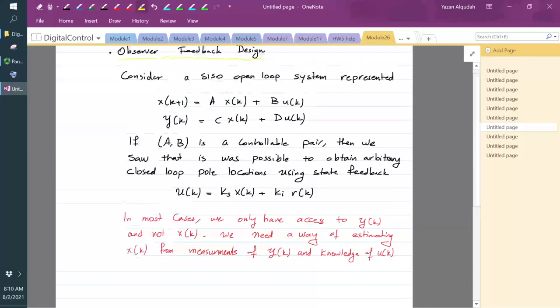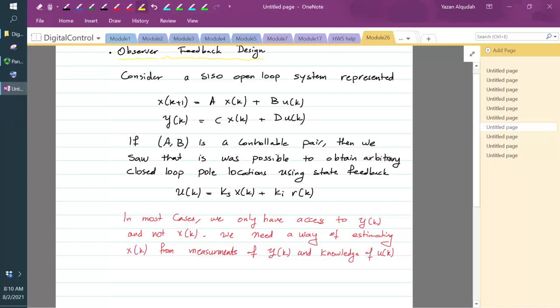Then if A and B is a controllable pair, we saw that we can arbitrarily place the poles of the closed loop system using the state feedback u of k equals negative ks x of k plus ki r of k.